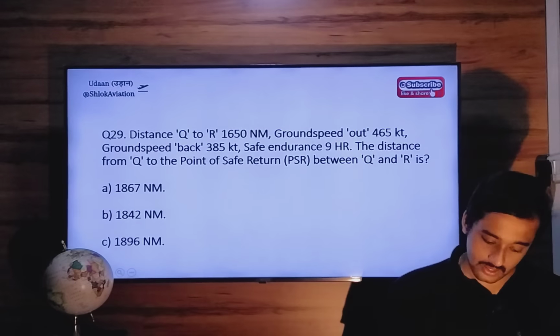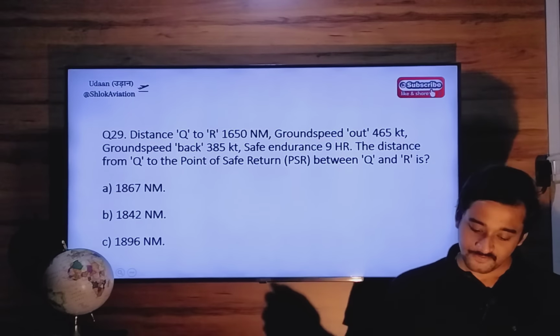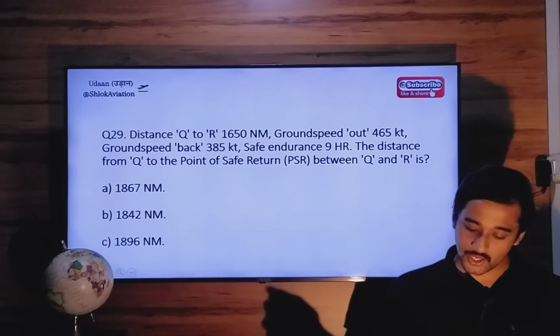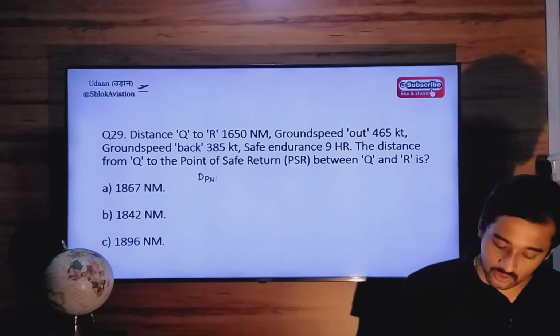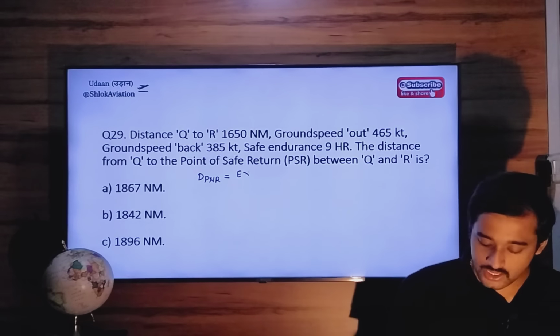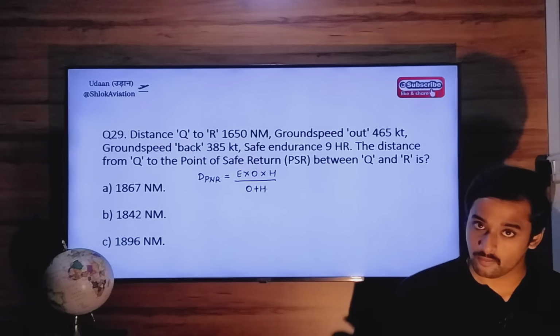Next, question 29. Distance, outbound speed, homebound speed, endurance given to you. What is distance to the point of safe return? Again, distance to point of no return is endurance into outbound into homebound divided by outbound plus homebound.